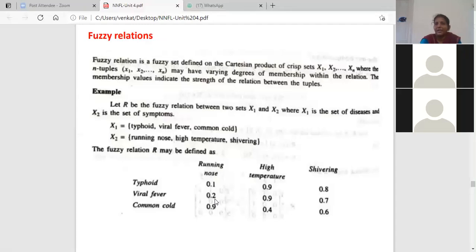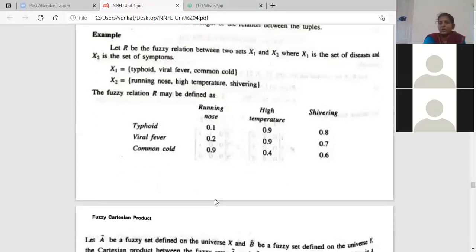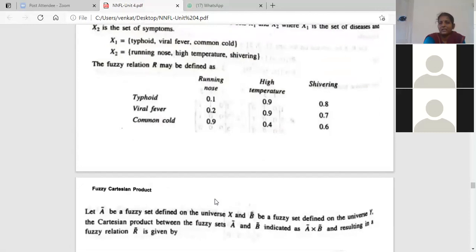Okay, so here R is indicating fuzzy relation between two sets x1 and x2. x1 is set of diseases, x2 is set of symptoms. Set of diseases we have considered typhoid, viral fever, common cold. x2: running nose, high temperature, shivering. So you are given with the numerical values by the relations.